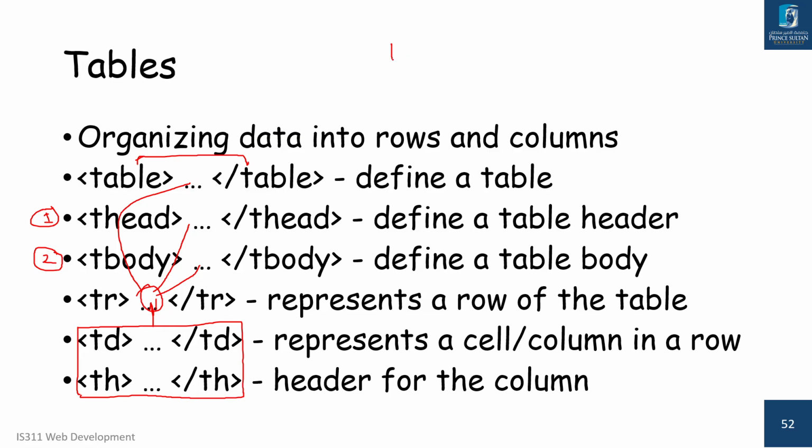For example, we have a table, inside the table we have thead, and inside the thead we have the row TR, and inside the row we can have TH. And then inside the table we can also have the tbody, and inside the tbody we should have the TR.